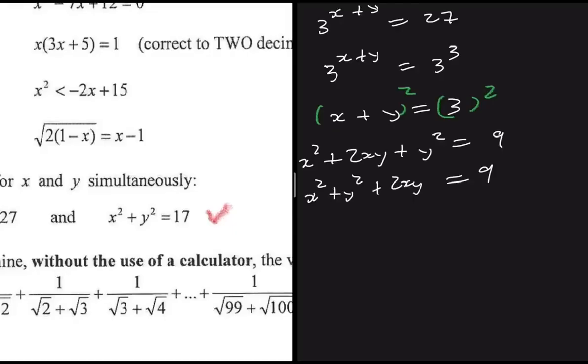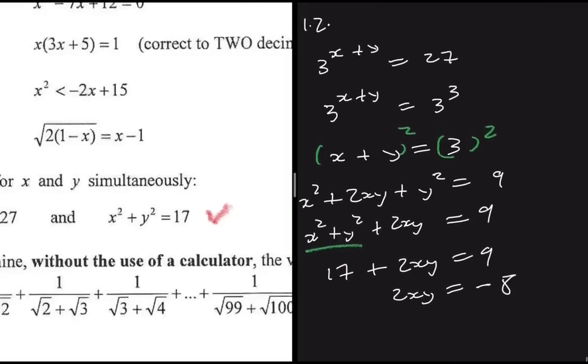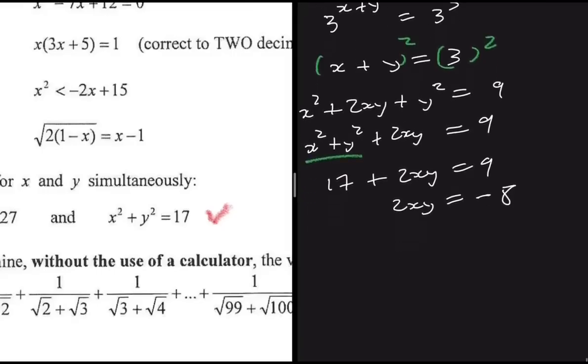We know that x squared plus y squared is equal to 17, right? So let's sub that in there. So we're going to have 17 plus 2xy being equal to 9. 2xy should be equal to 9 minus 17, so that should be minus 8. So 2xy is equal to minus 8, right?